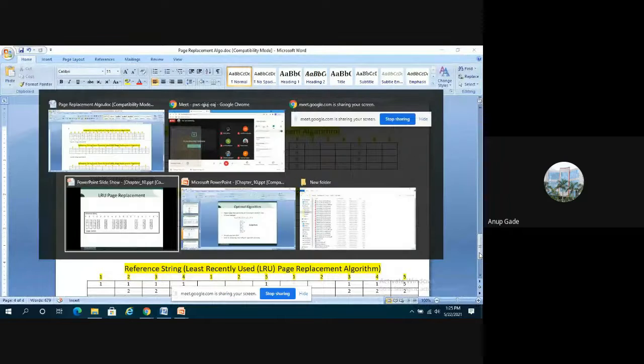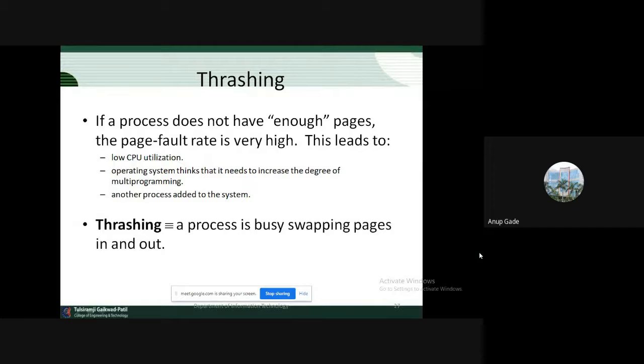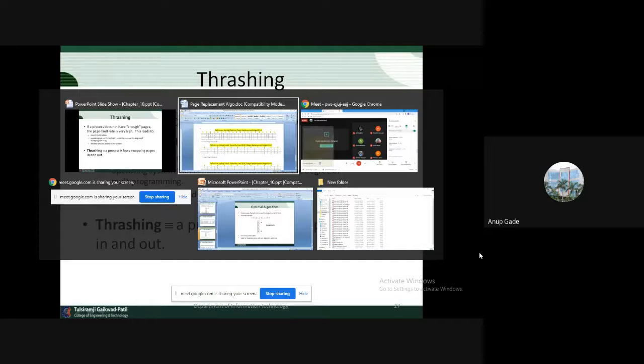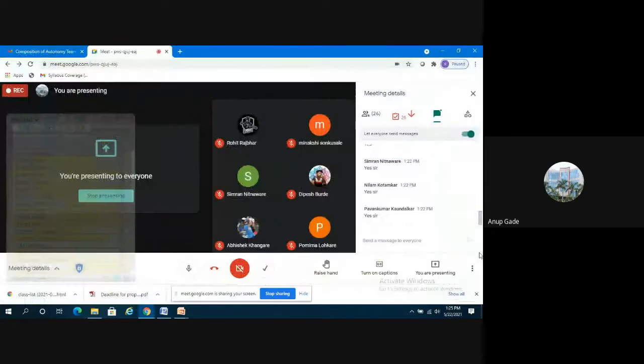Okay, the last concept of this particular unit is remaining. So in the next lecture we'll finish this one, and with this unit number 4 will also be over. Now we are left with only one unit, unit number 5, which is all about process synchronization. So probably in the next week we'll be able to finish our syllabus also.